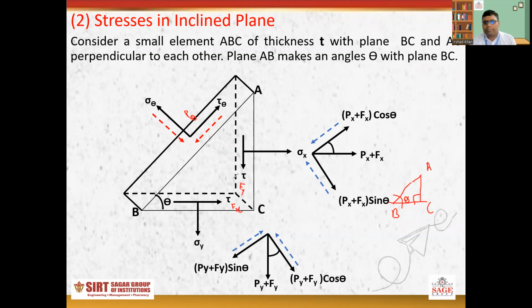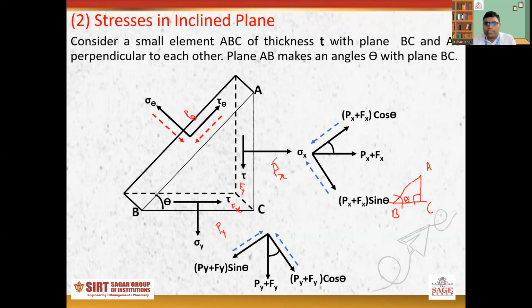Hope you understood. I made this nomenclature for your understanding. So you can see what happened. This force Px is responsible for this normal stress, and here Py is responsible for this normal stress, and this one is also normal stress.